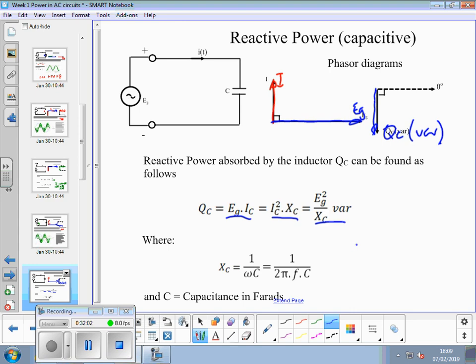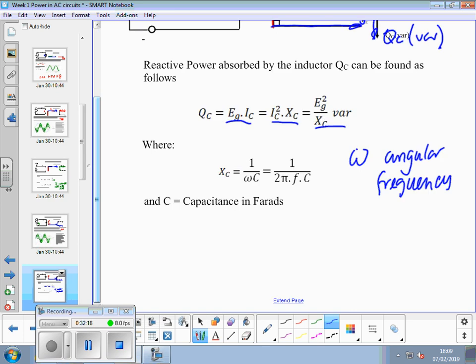Omega is angular frequency, and the units are radians per second. So omega is equal to 2 pi times the frequency in hertz.